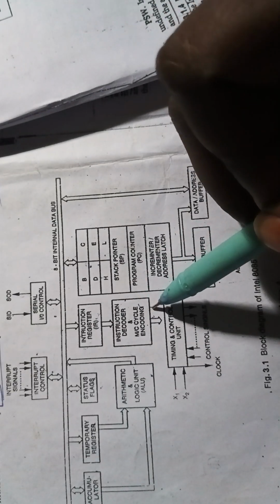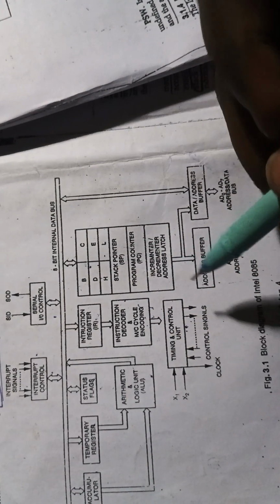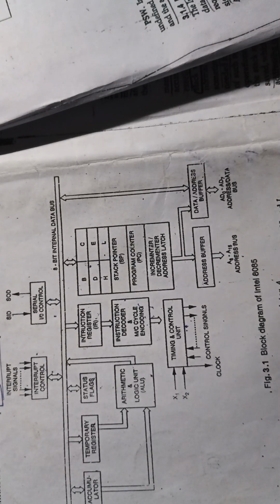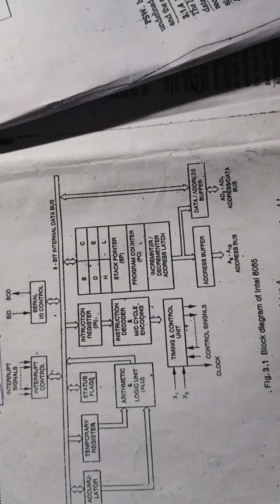Similarly, the instruction register decides which bits go to which register. And the instruction decoder, machine cycle encoding. Here the timing and control unit is used to control the flow of the data. And similarly stack pointer, program counter, it counts how many programs happen in the microprocessor.